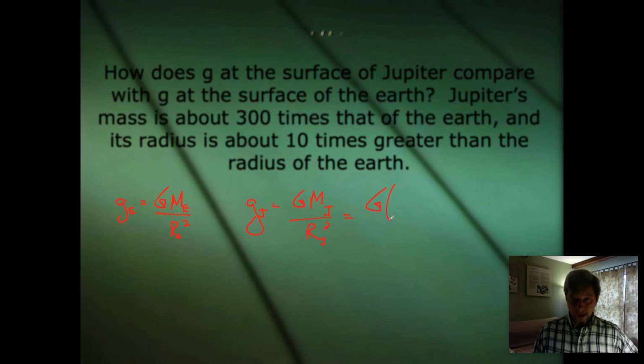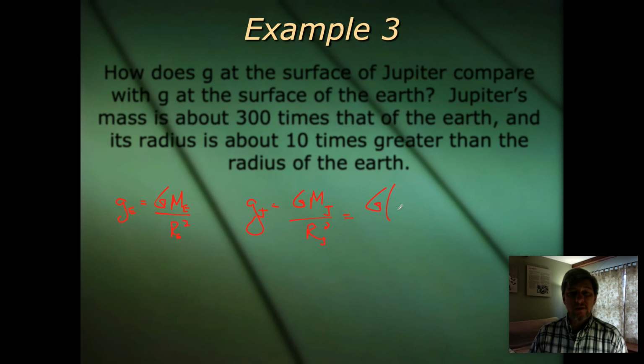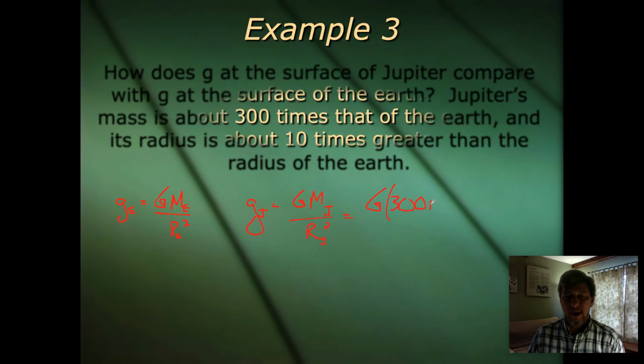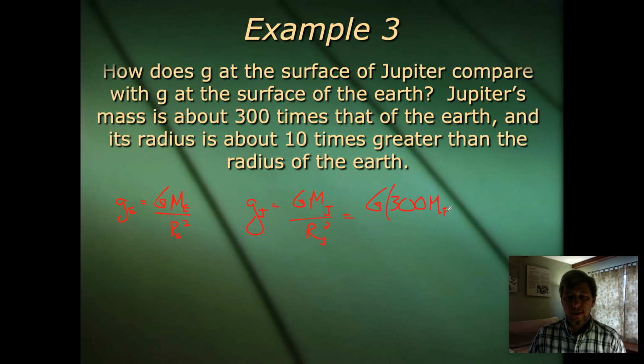We said that the mass of Jupiter is 300 times the mass of Earth. So rather than M sub J, I'm going to write 300 times M sub E. And I'm going to divide that by, rather than using the radius of Jupiter, 10 times the radius of Earth squared.